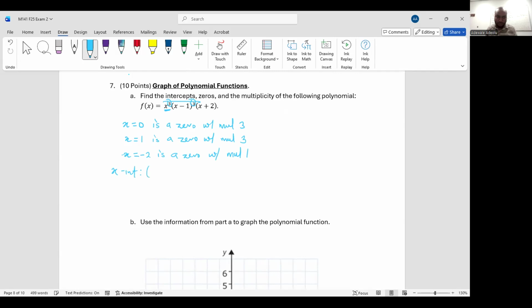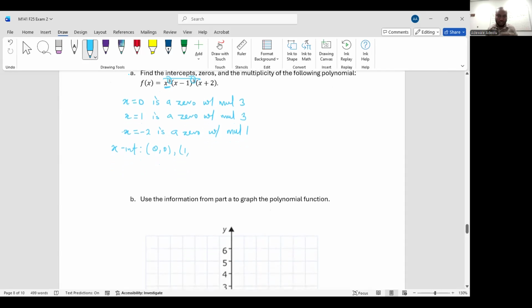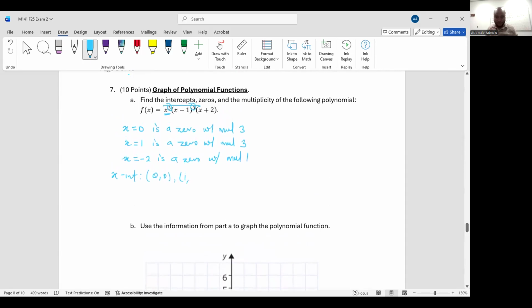That would be (0, 0), (1, 0), and (negative 2, 0). So we know the x-intercepts, right?